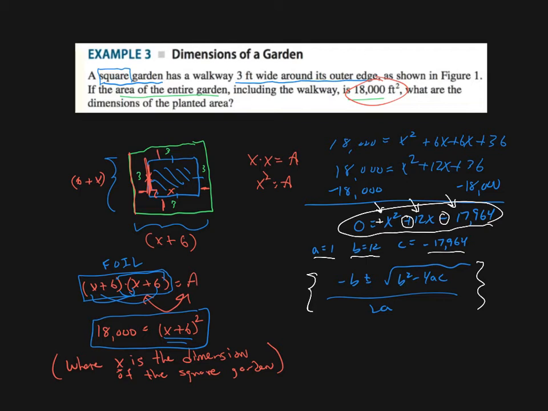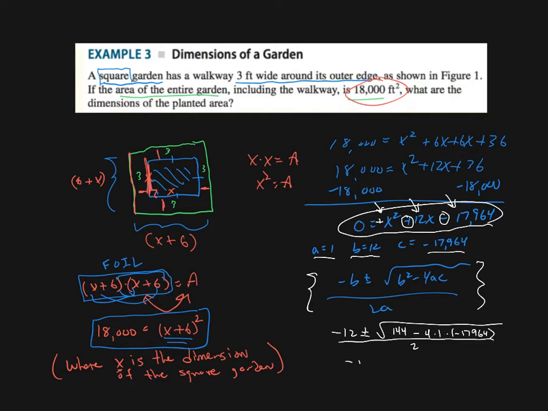17,964. So I'm going to go ahead and process all of that and say that's negative 12 plus or minus the square root of b squared. So that's 144 minus 4 times 1 times negative, put this in parentheses, 17,964, all over 2 times a, which is 2.